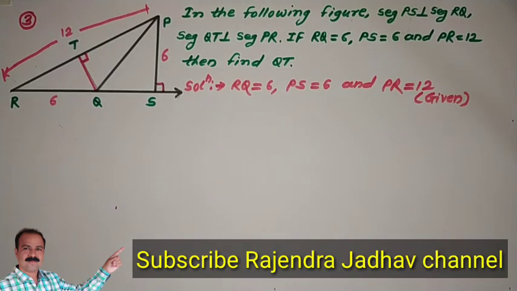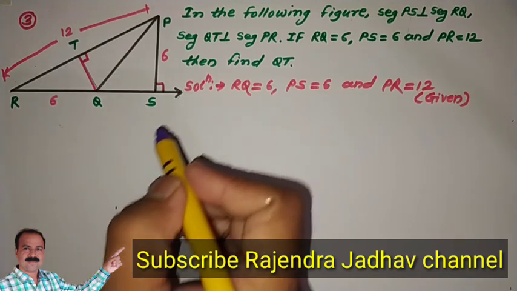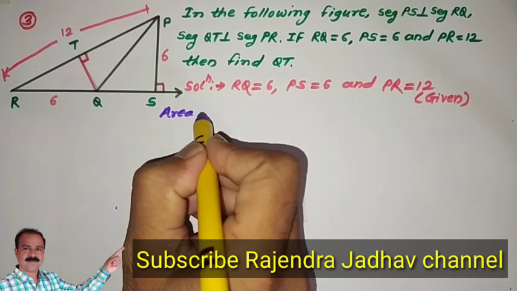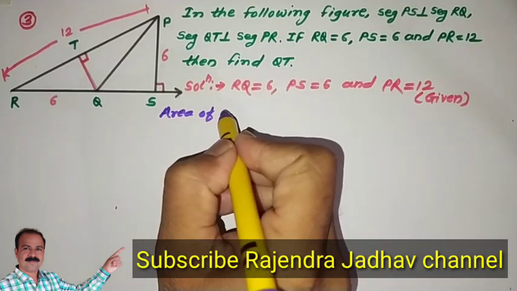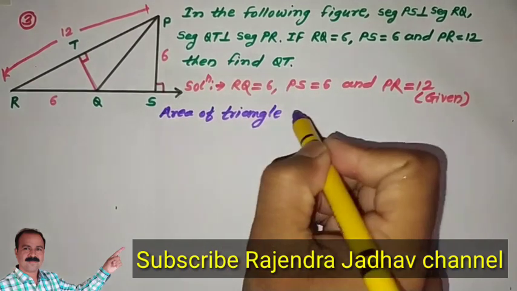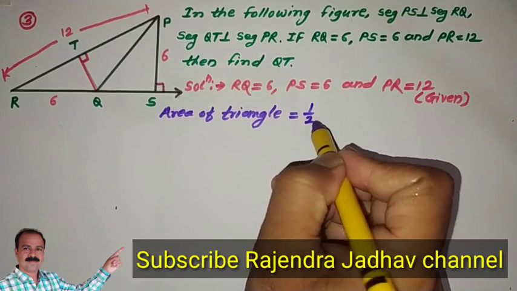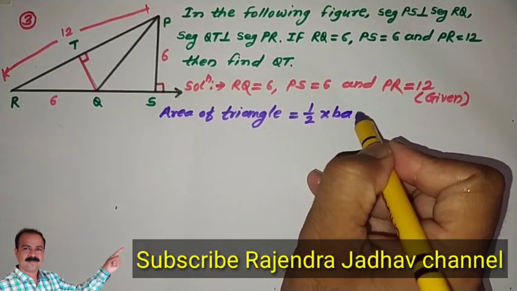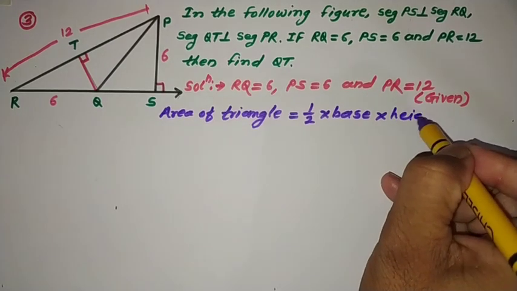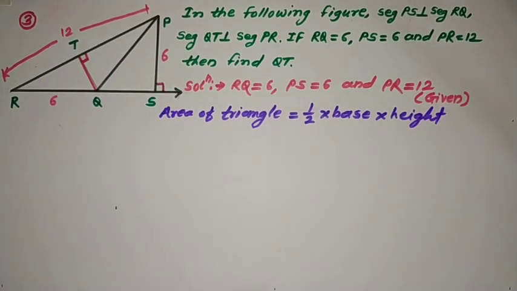We know the formula for the area of a triangle: area of a triangle is equal to 1/2 into base into height.